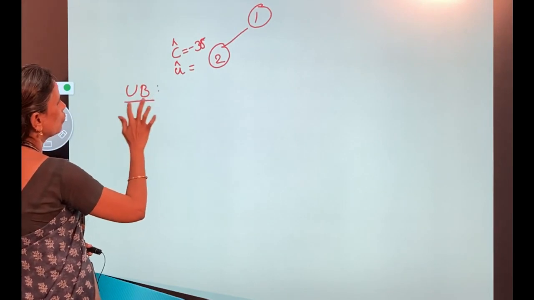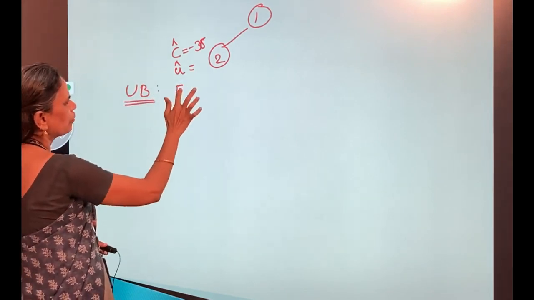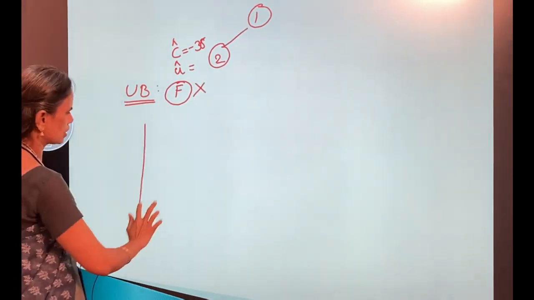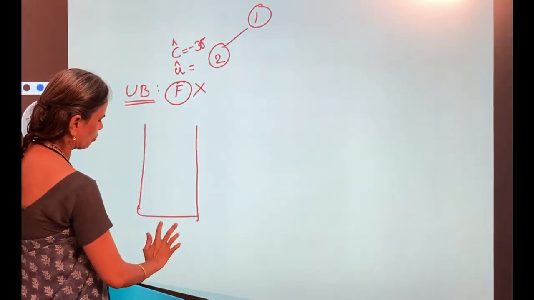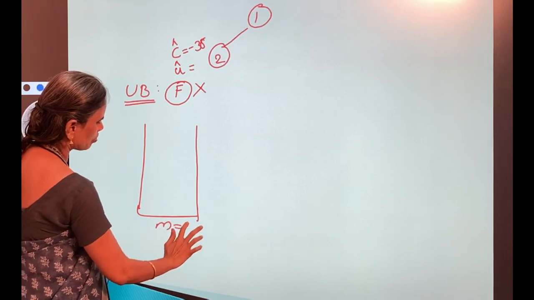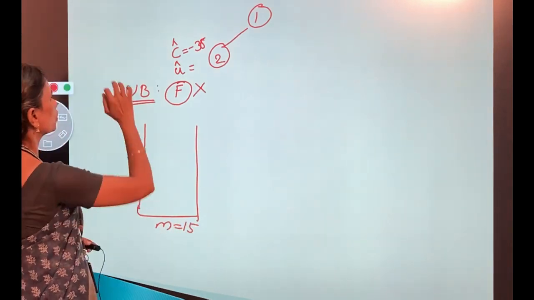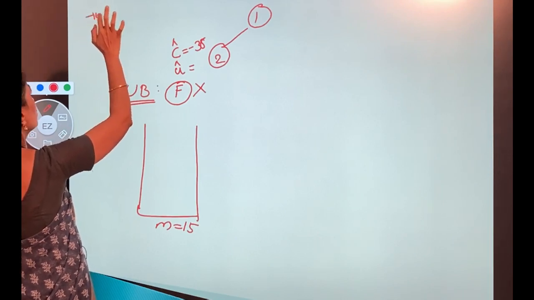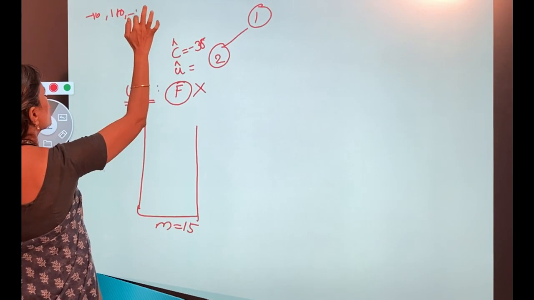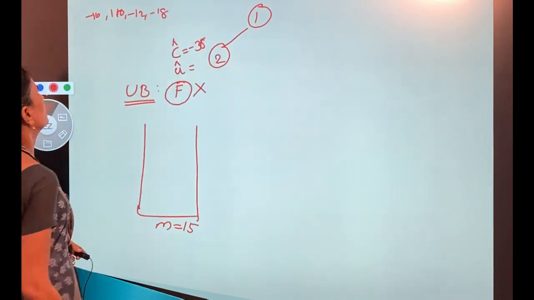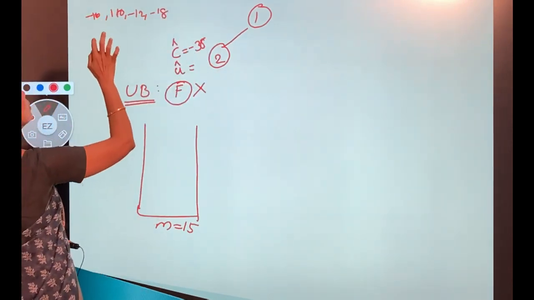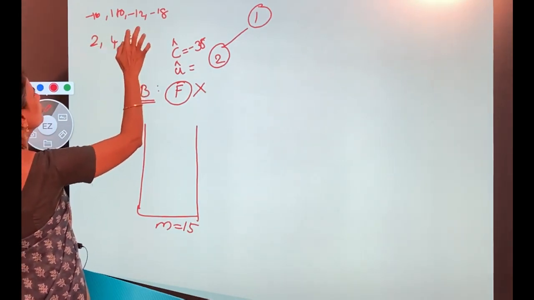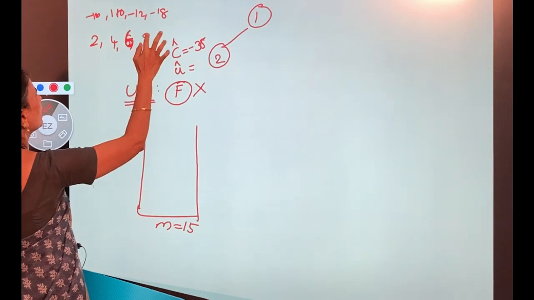For the upper bound, fractions are not at all allowed. The maximum capacity of the knapsack is 15. The profits are minus 10, minus 10, minus 12 and minus 18, and the weights are 2, 4, 6 and 9.